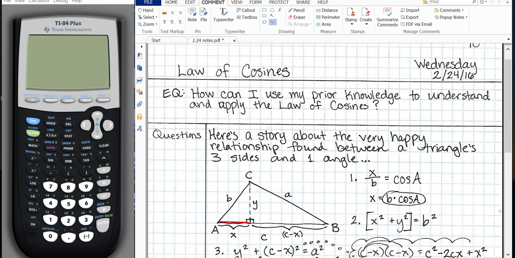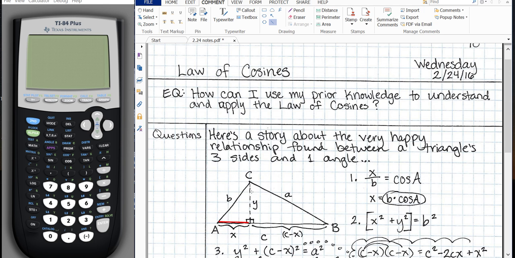Second step, we're going to do something kind of similar, but we're looking at the same side of the triangle, sorry. Step 2, we're going to look at the Pythagorean theorem now. First we used a trig ratio looking at x, and now we can look at x, y, and b and their relationship using the Pythagorean theorem.